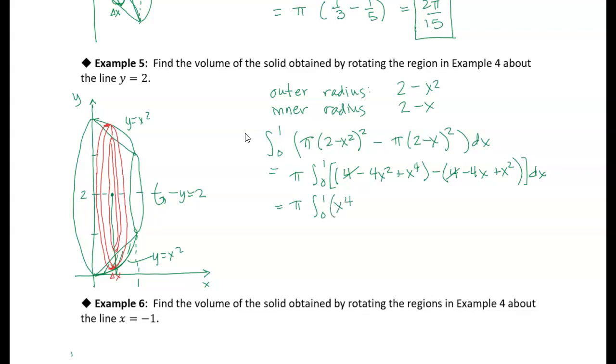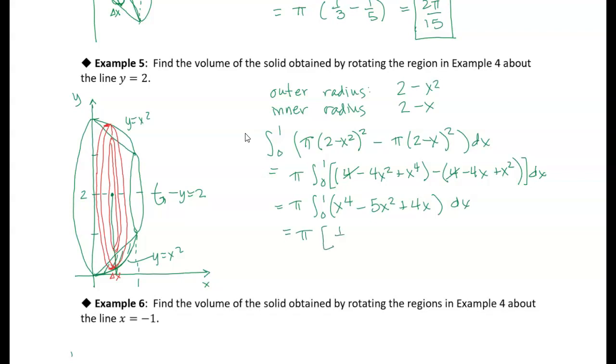And then I can combine the x squared terms: minus 4x squared and minus x squared becomes minus 5x squared. And then we have minus a minus 4x, which becomes plus 4x. I think that takes care of all the terms, dx. Then we have to take the integral of all of these things.